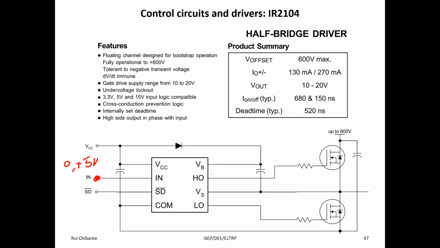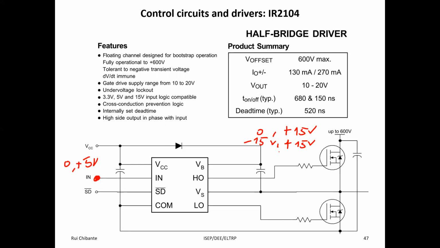But eventually, I need at the output, okay, to control my transistors, higher values of voltage, for instance, 0 to plus 15, or also minus 15 to plus 15.